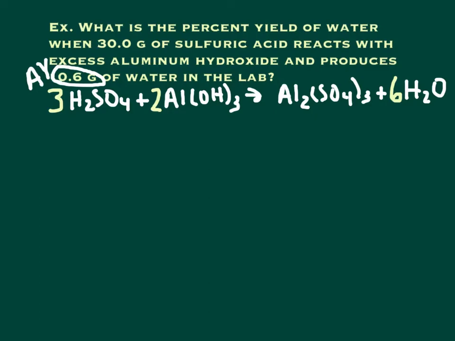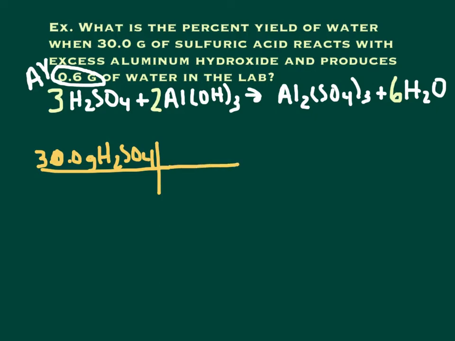So now what we're going to do is an action line, starting with our 30.0 grams of H2SO4, and we're going to go over to our grams of water to find our theoretical yield. So we got grams of H2SO4.